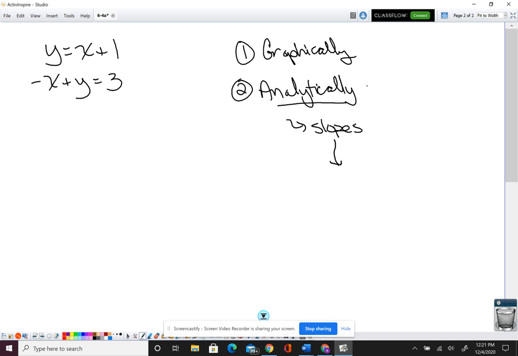And if the slopes are the same, those are going to be either parallel lines or the same lines. If their slopes are different, those are going to be intersecting lines. They'll have one solution, and they are considered consistent, independent.